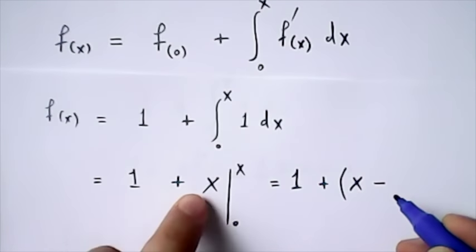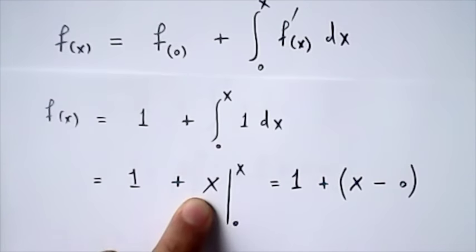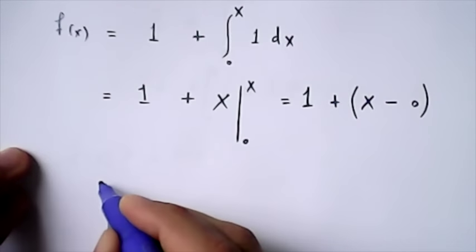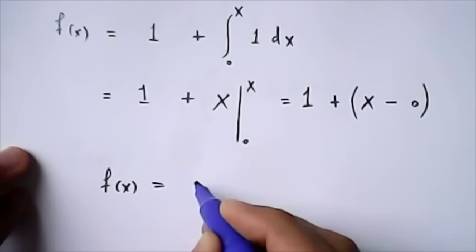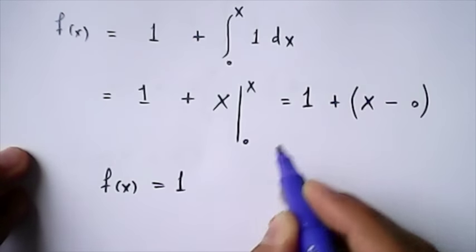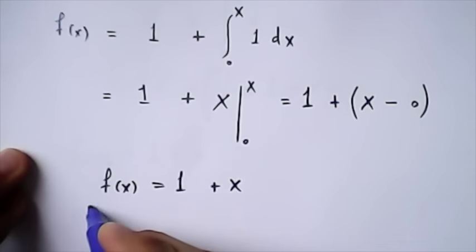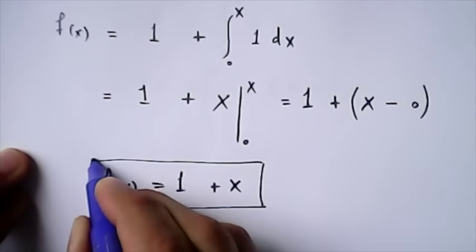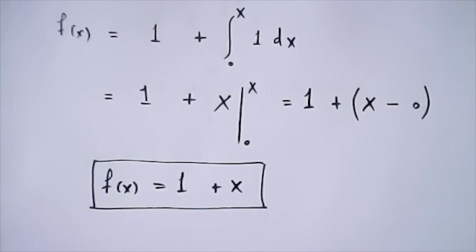So we put 0 into x, which is 0. Alright, so now our f of x becomes, go up a bit, okay, value of f of x becomes 1 plus x. Pretty cool. We found the solution to our differential equation problem.